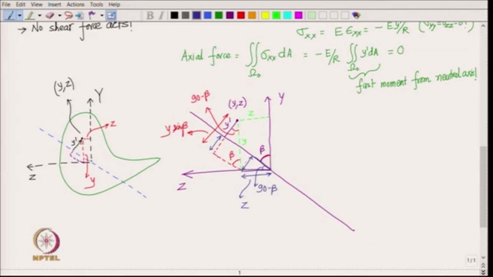So, this side becomes z times sine of 90 minus beta, which is z times cosine of beta. All right. Now, what can we say about y prime? y prime is then y times sine of beta minus z cosine of beta. Okay, so that is an important result.